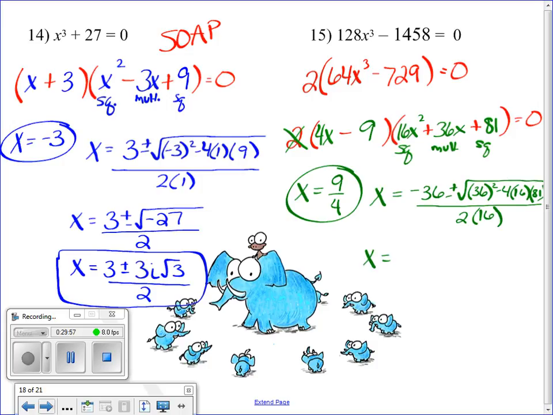So x equals negative 36 plus or minus, what do we got under there? 3,888 over 32. This is where most of you on your own would have died a little bit and probably been like, I'm out. I must have done something wrong. It's okay. The numbers get a little big sometimes.